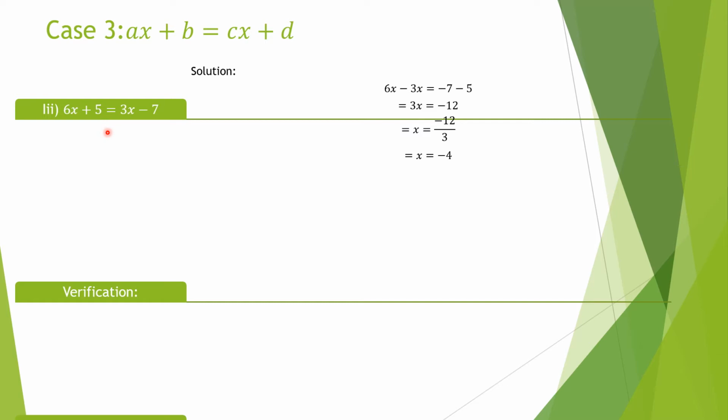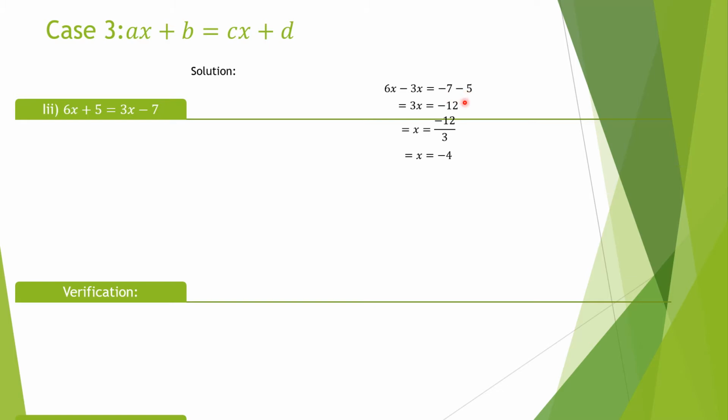In algebra, like terms can be added and subtracted. 6x and 3x are the like terms. 3x is moving to the left side and plus 5 is moving to the right side. Sign will be changed. 6x minus 3x is 3x and minus 7 minus 5.